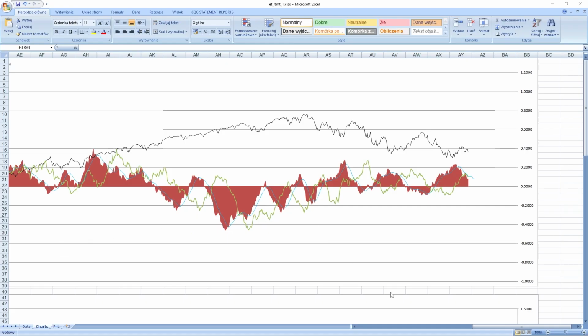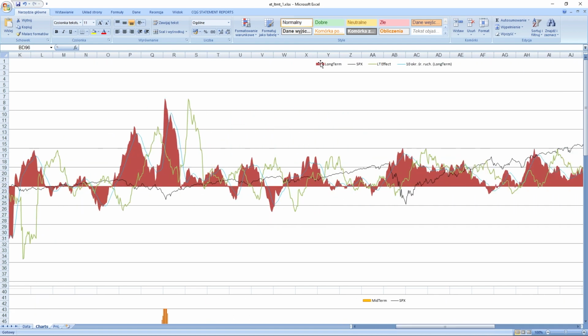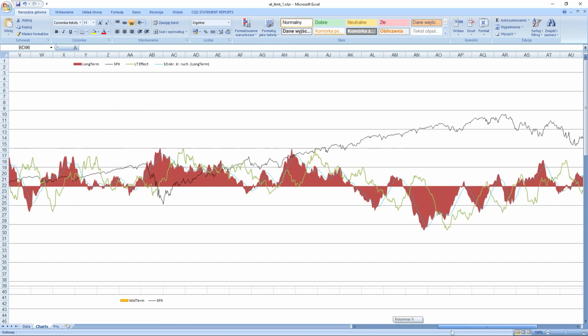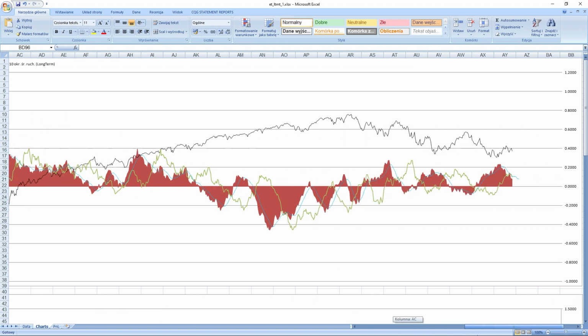Okay, so the major metric is long-term speculators. So long-term institutional traders, large traders, and you will see the same thing that you had on Google spreadsheets.